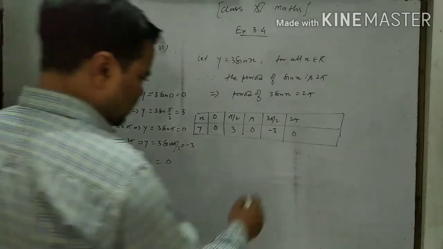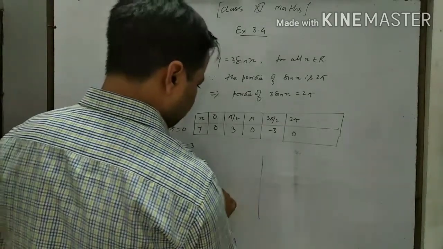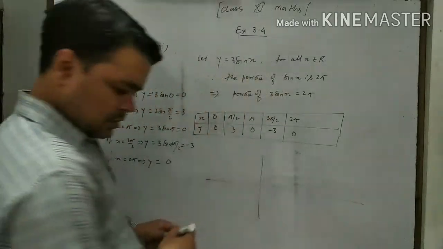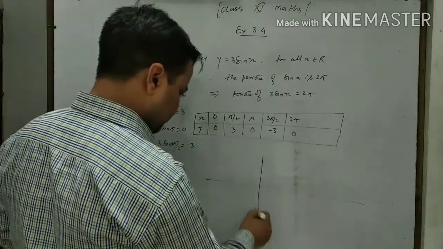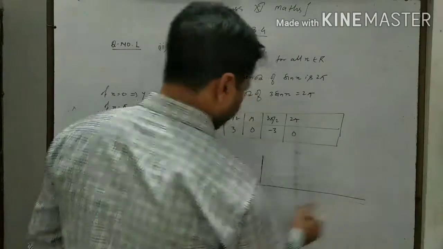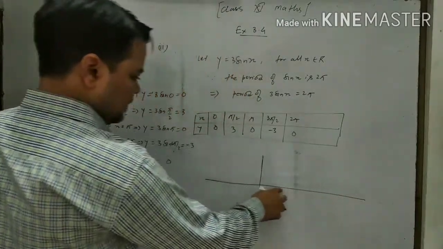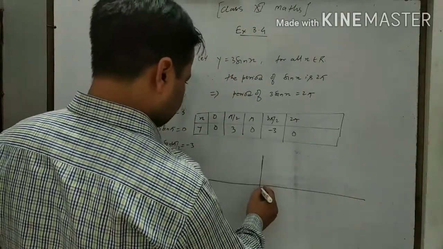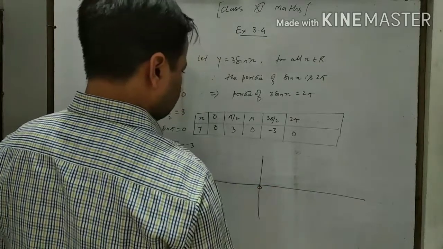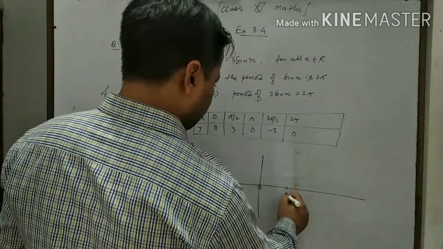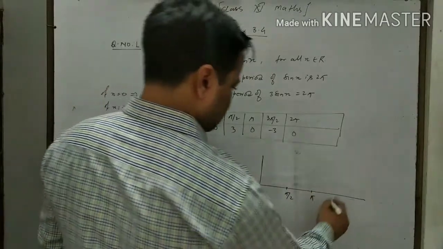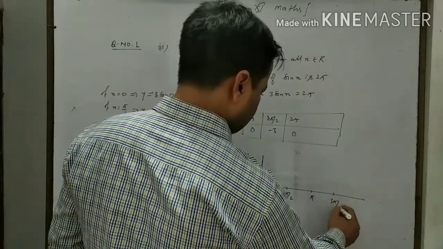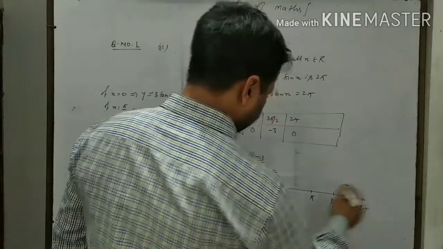In this way we can draw a graph. We just draw our graph this way. Here this is 0, here pi by 2, again pi, here 3 pi by 2, and here 2 pi.